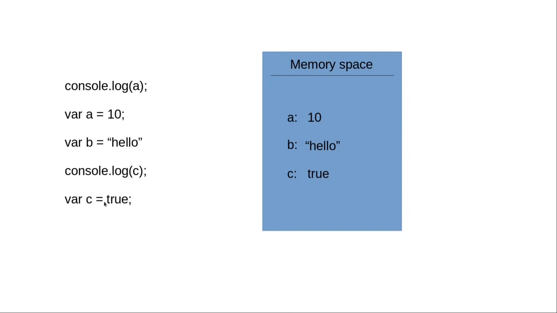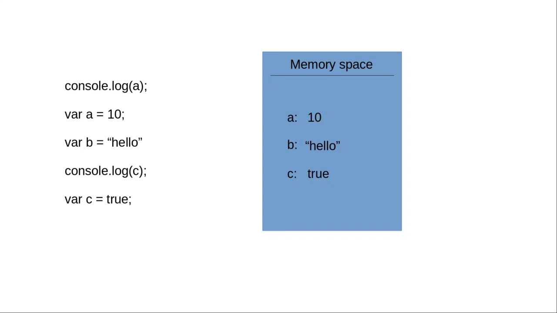But due to the two-phase execution, variables were allotted memory space even before they were used. In most programming languages that's an error, but in JavaScript it's completely all right. That's the behavior.